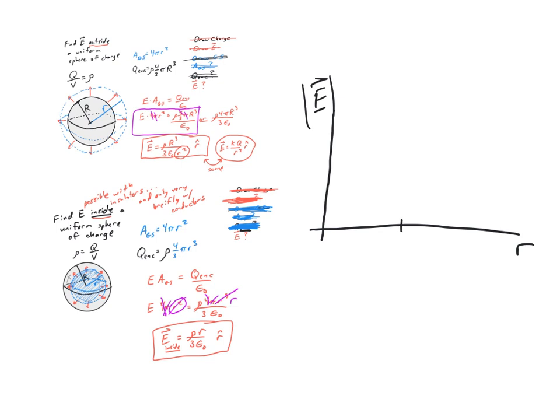There's going to be a distinction between inside a radius r and outside. Inside, it is a nice linear equation. Outside, it is a 1 over r squared equation.